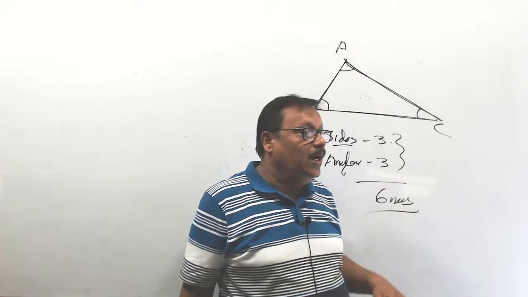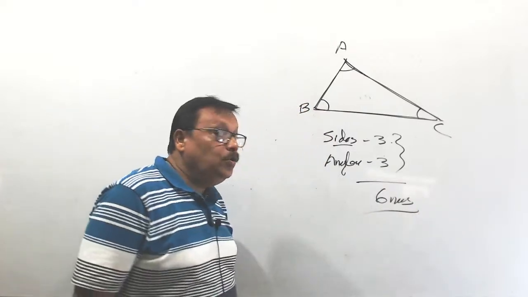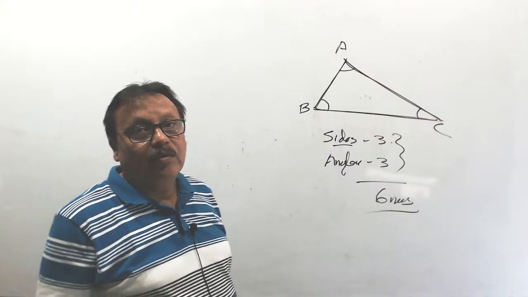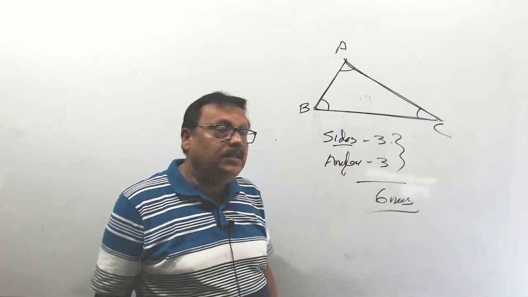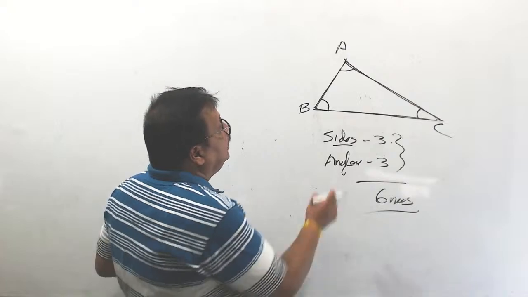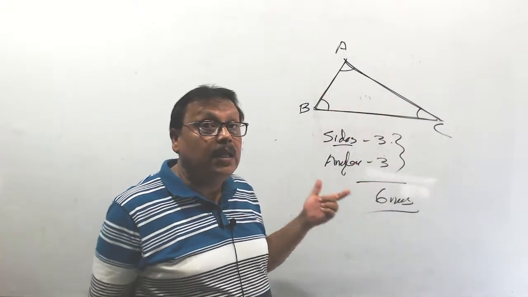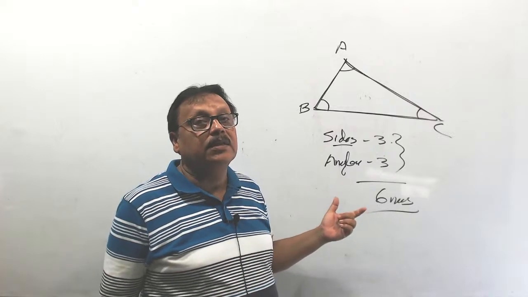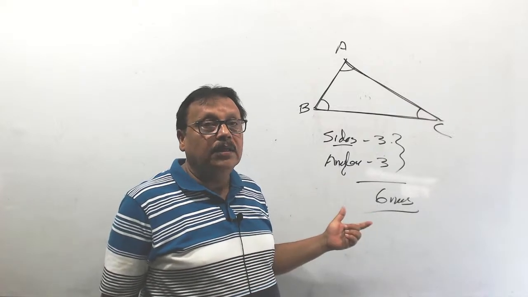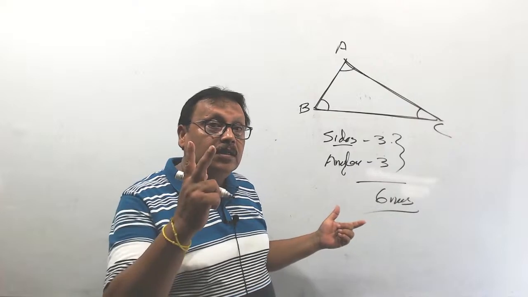Understood? Now, two triangles will be called congruent triangles if three sides and three angles, that means all six elements, are equal in the two triangles.